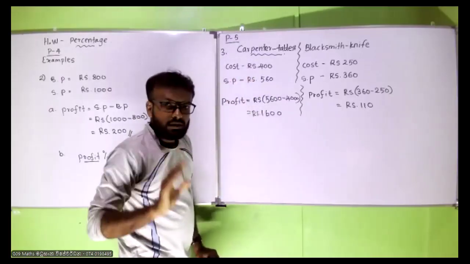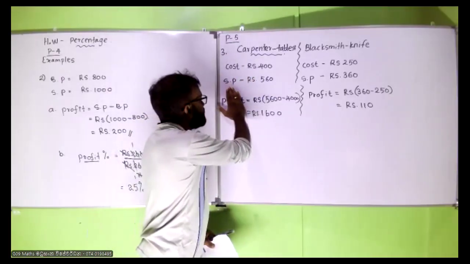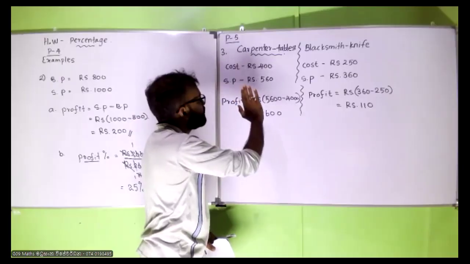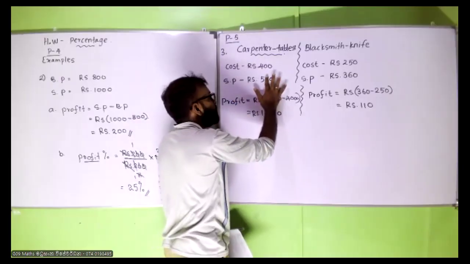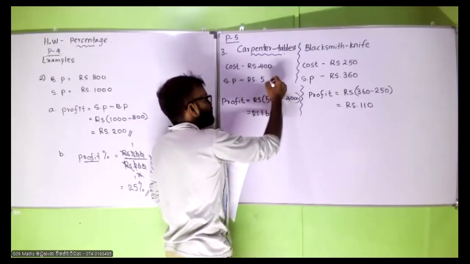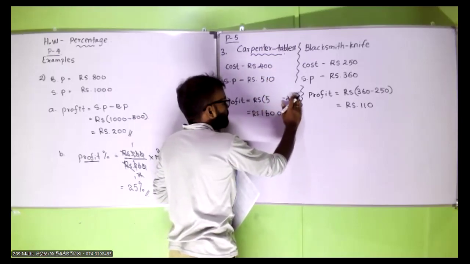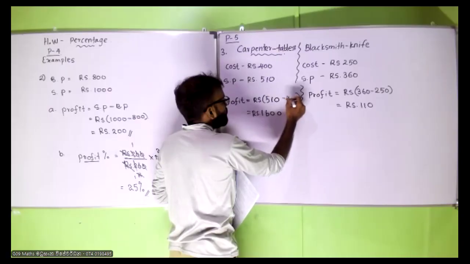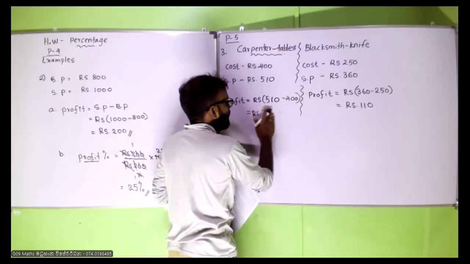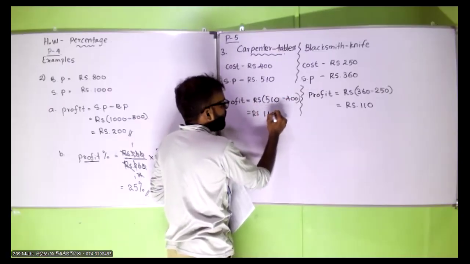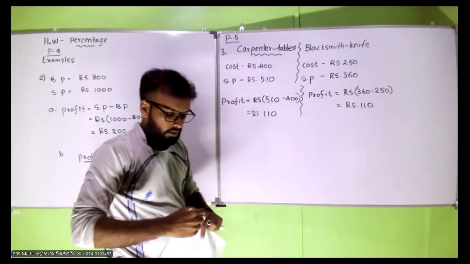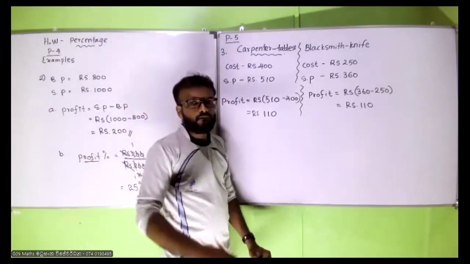The cost is 400, and the selling price of that table is, I will say, 510. Alright. Now the profit gain is 110. What happens here?